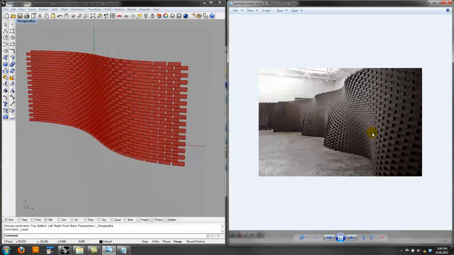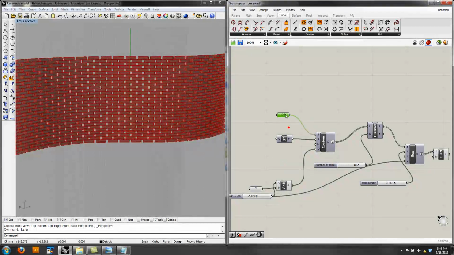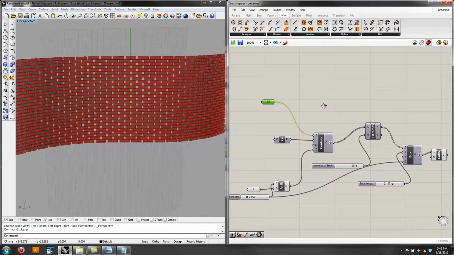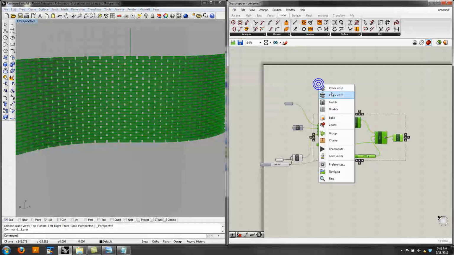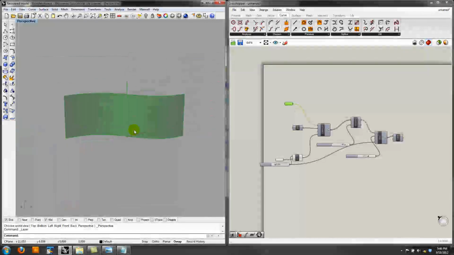I have the method: I make these bricks and they have the right spacing and they adjust to the flow of these lines. But I have to go back to this original surface, and I need to make this better. This is the one that I drew.